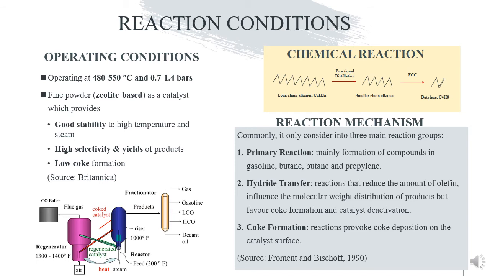According to the study from Froment and Bischoff, there is no such reaction mechanism for this process, even though the catalysts used have remained almost unchanged for several years. So this process is still under study. However, it involves three main reaction groups, that is primary reaction, hydride transfer and coke formation.